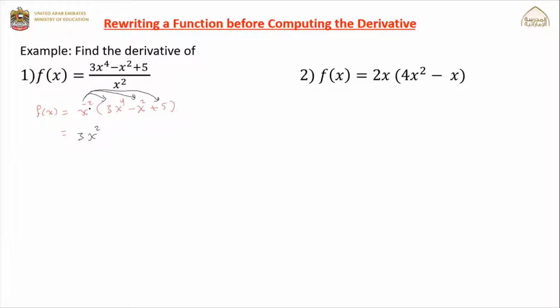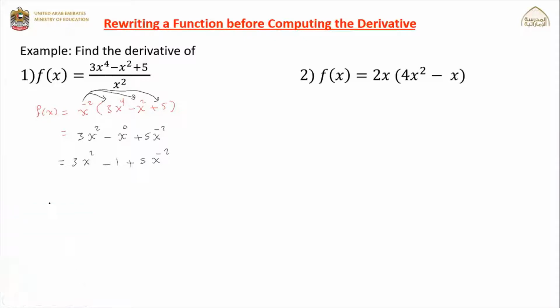So x to the power negative 2 and x to the power 2 will give me minus x to the power 0, because negative 2 plus 2 is 0. And the last one is 5x to the power negative 2. So 3x squared minus 1 plus 5x to the power negative 2, because x to the power 0 will give me 1.